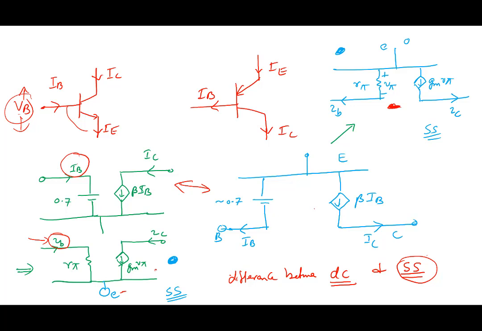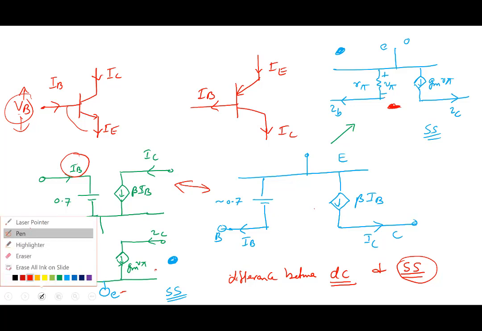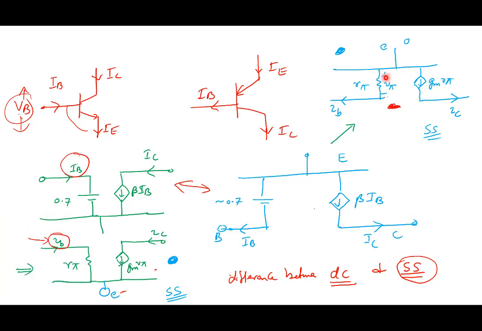As we said, we can redraw this circuit by simply, instead of plus minus here, writing plus here and minus here, V pi. The direction of the current source would then reverse, and the direction of IB, you can always take it like this also. It's a convention, and then this diagram becomes exactly the same as this diagram. All right.